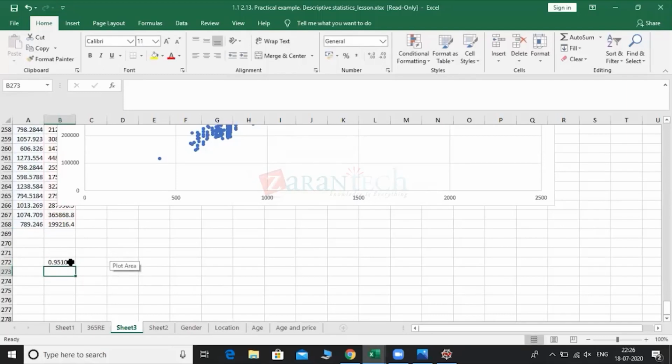See, I've just put in this correlation and there's 95% correlation. So there's an almost absolutely direct relationship between these two variables.